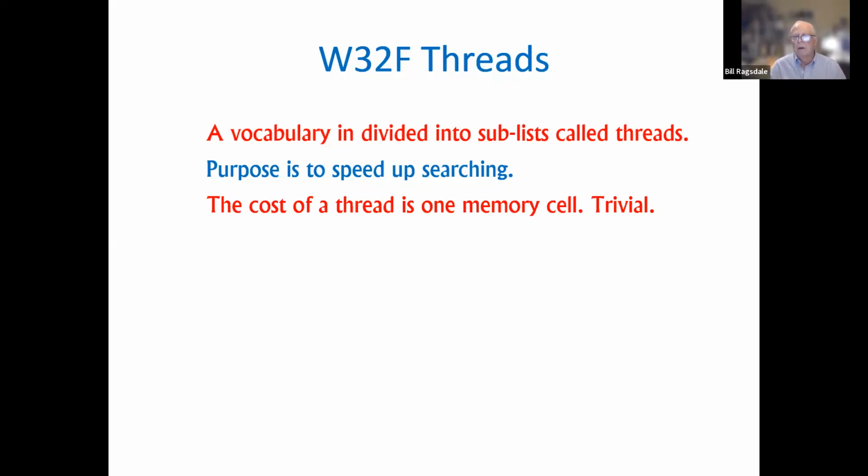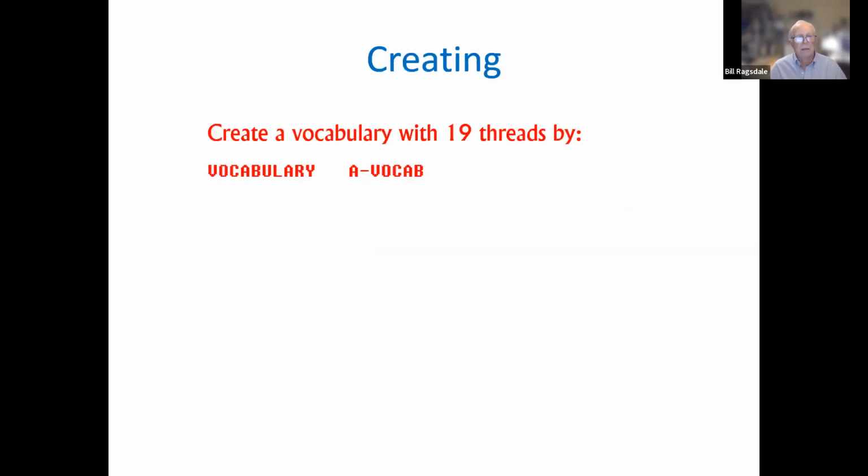In the context area, we have an array of memory cells that point to the vocabulary forming a search order. Each thread takes only 1 memory cell. The default in Win32 is 19. I'm not sure why 19 was picked, but it's a good, nice number. And again, as we'll see, it is prime and it is odd.